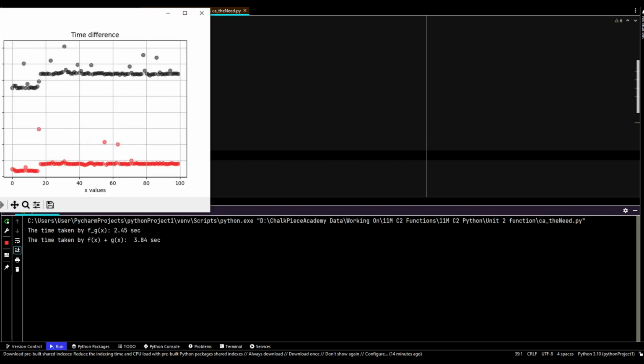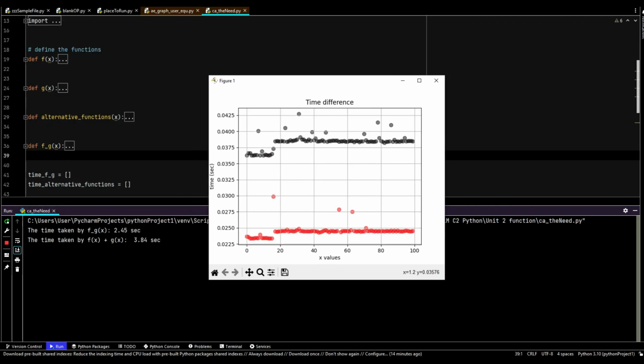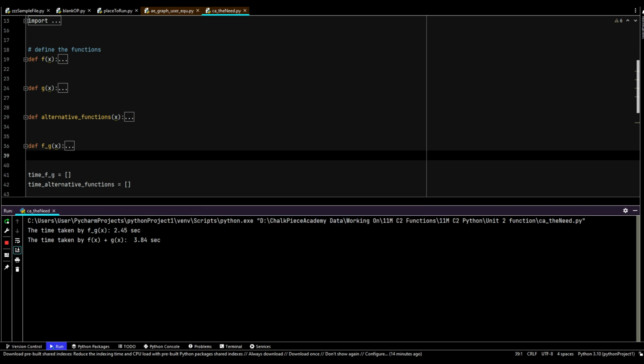Yeah, it did. So it's giving us two versions. This is the total time taken by f of g of x, the simplified form. It's going to take 2.45 seconds for 1 crore input values.